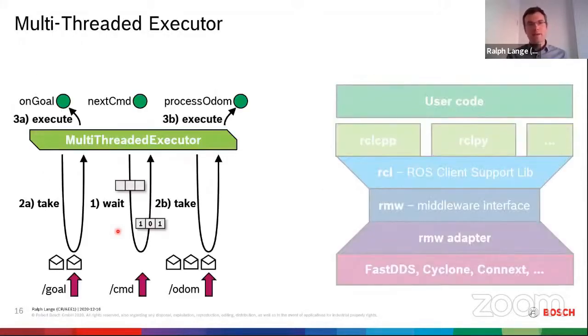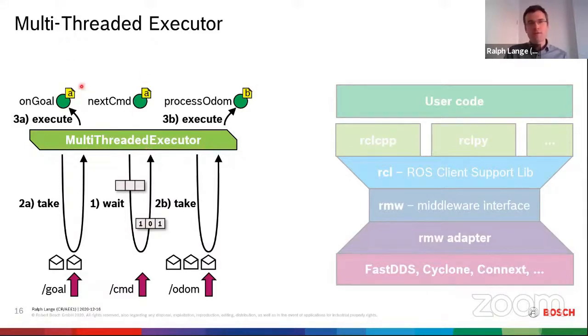So the multi-threaded executor is provided out of the box with the single-threaded executor. It allows to process multiple entries from this wait set in parallel. And you can configure which one can be processed in parallel and which not by the callback groups. So you can assign your callbacks to different groups.